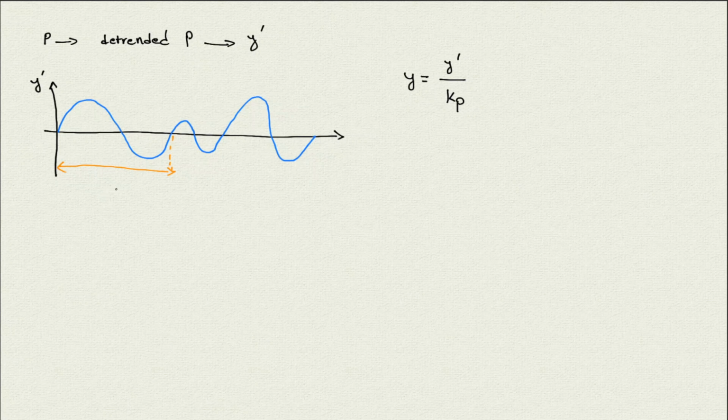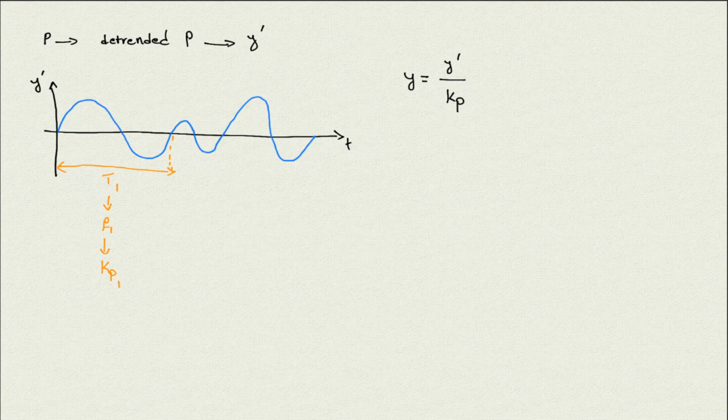So if this is a T, then this is the period for the first wave, and from the period for the first wave we can find the frequency for that, and then we can find the Kp for that wave. And then when we find the Kp for that wave, we will go ahead and divide all the data points in that wave by that Kp.